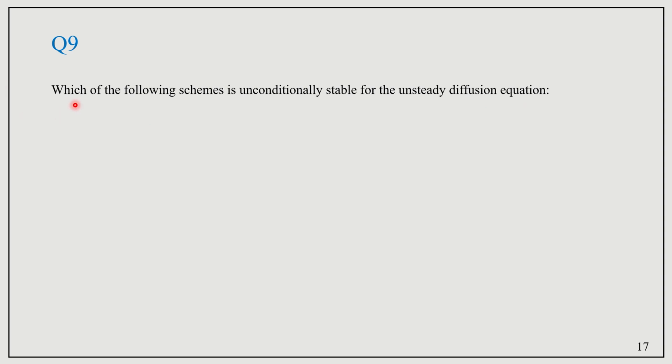We will see that the first one is FTCS explicit and the second one is the Crank-Nicolson scheme. FTCS explicit is an explicit scheme and it is conditionally stable. The stability condition will mostly be like the CFL number.